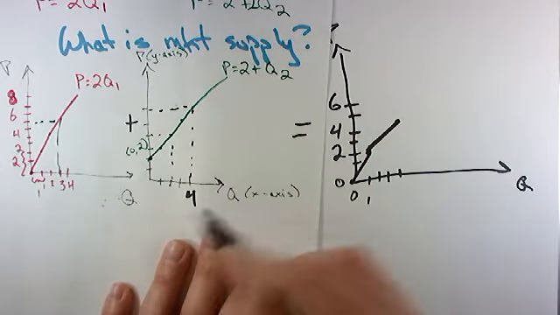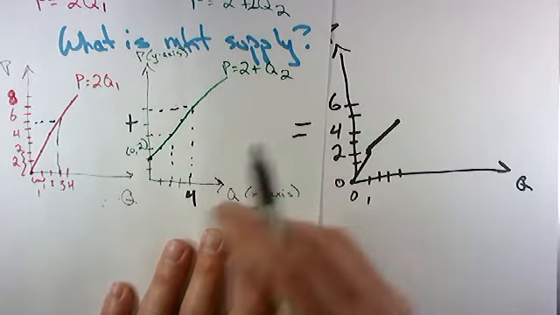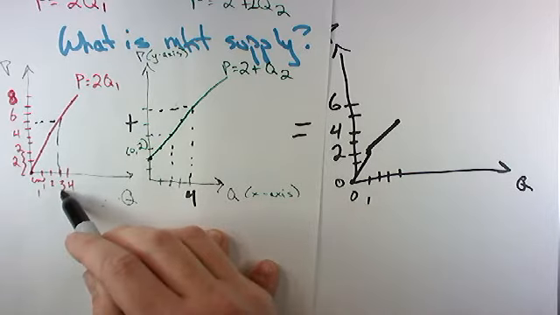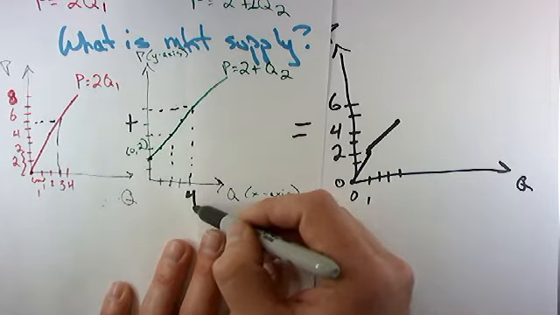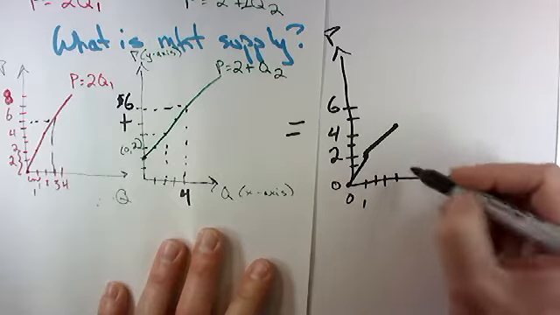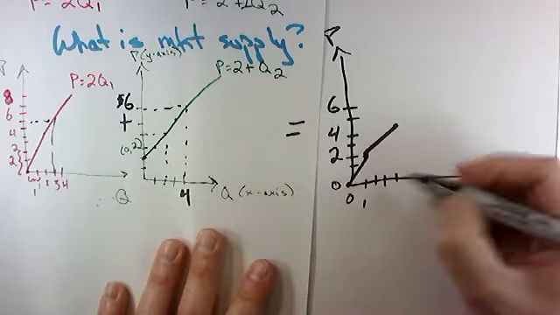So we have 3 supplied here at $6, and we have 4 supplied here at $6. And as a result, our total market supply is going to be 4 plus 3, 7.